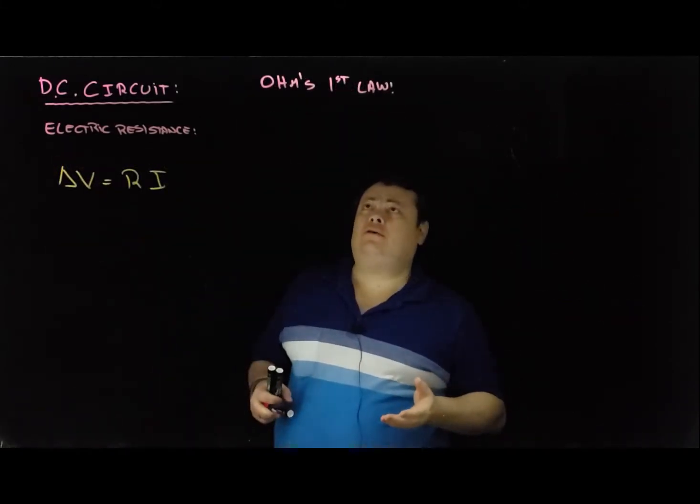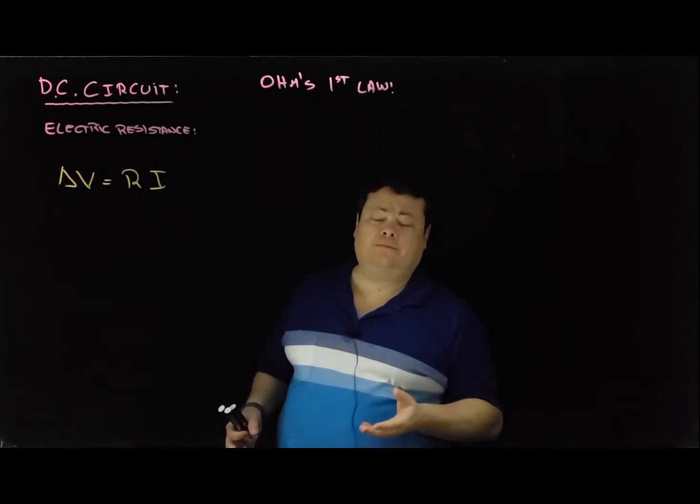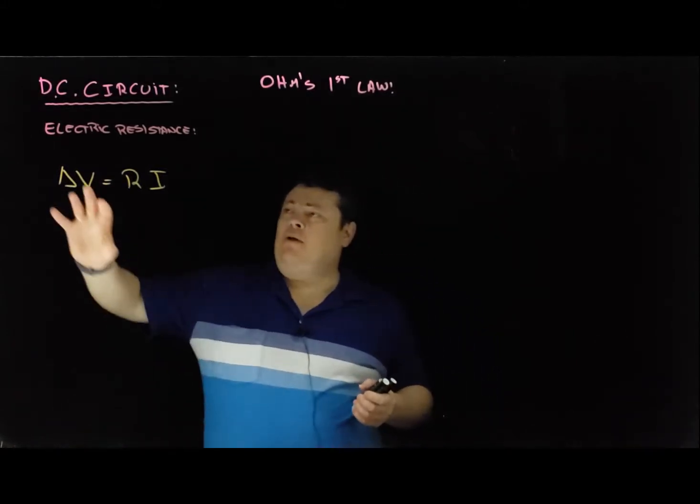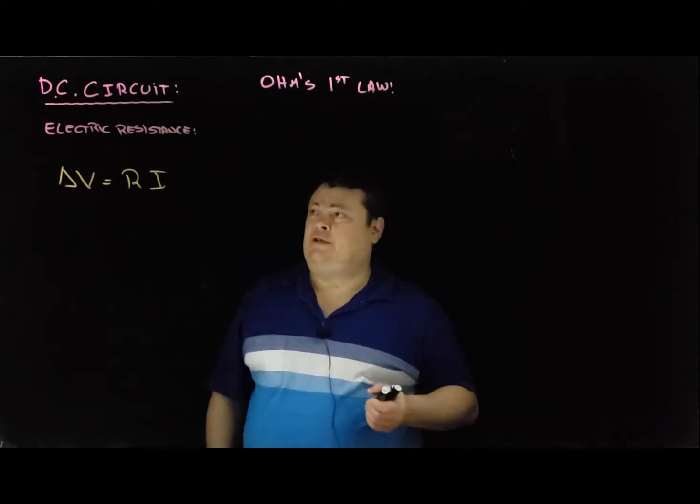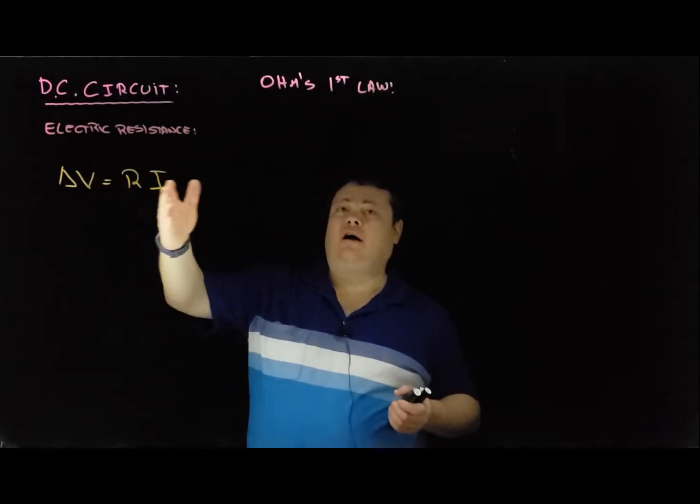Let's now talk about Ohm's first law. So I'm going to write again my definition of electric resistance this way. Delta V equals Ri.